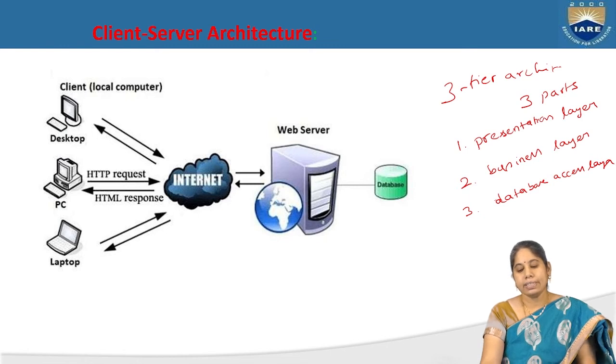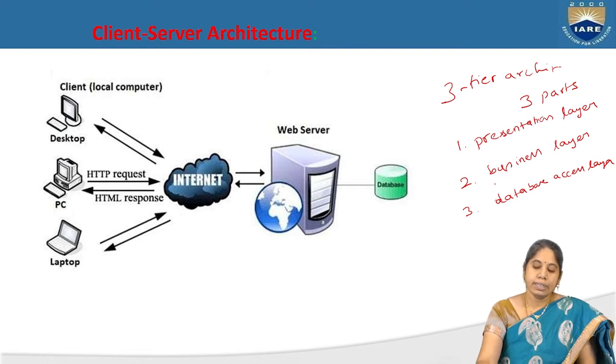That entire logic we will put in our presentation layer. Next, the business layer. Suppose you are developing a site for a university where the marks have to be calculated and the total marks sent to the student. That entire logic we will write in our business layer.